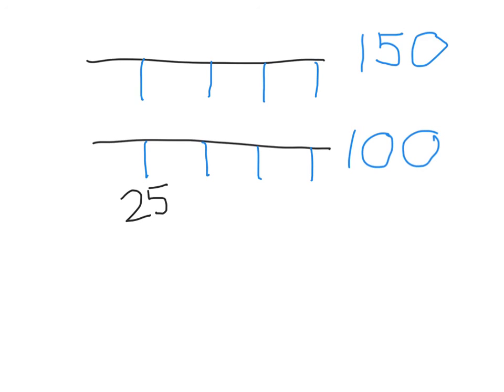To figure out how much each of those parts is worth, we need to divide 150 by 4. 150 divided by 4 is 37.5. So we know by looking at our double number line that 25% of 150 is 37.5.